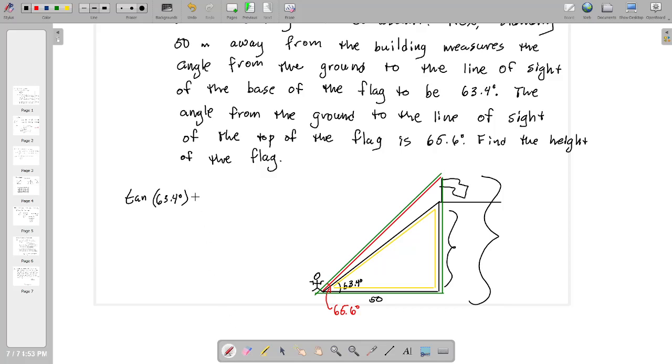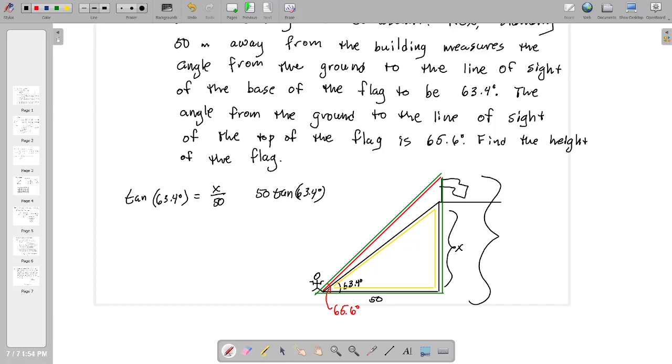The tangent of 63.4 degrees will be x divided by 50, where x is the height of this yellow triangle. Multiply the 50 over. And we have 50 times the tangent of 63.4 degrees.